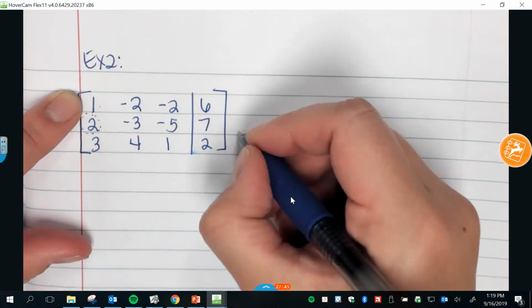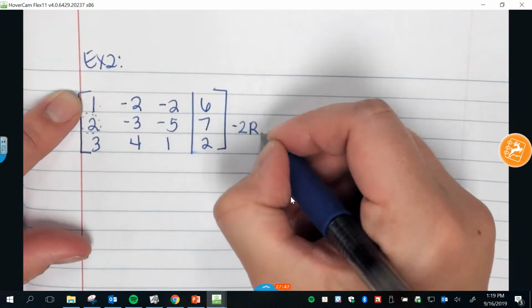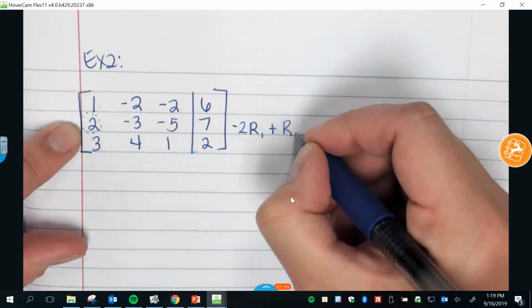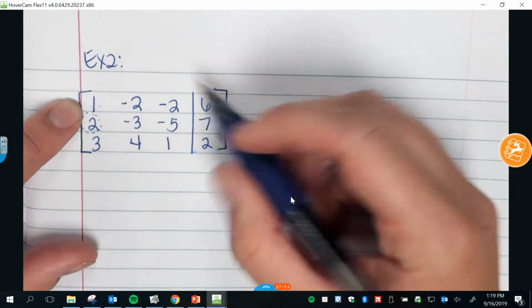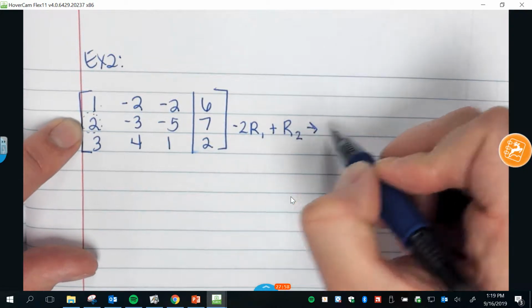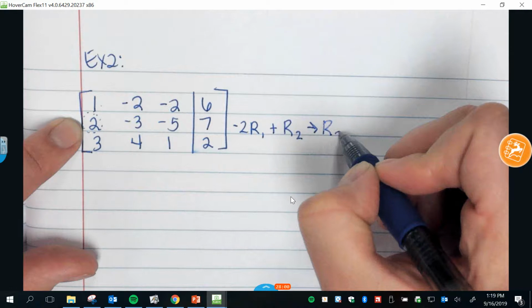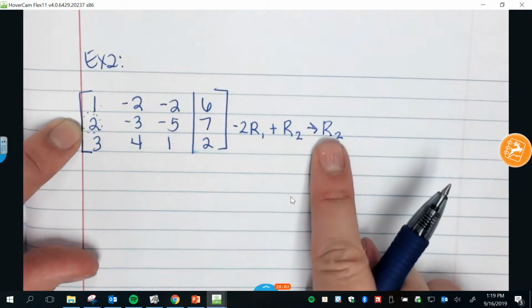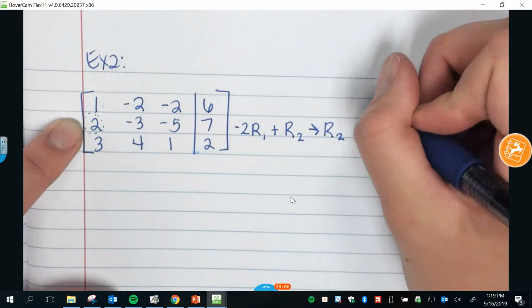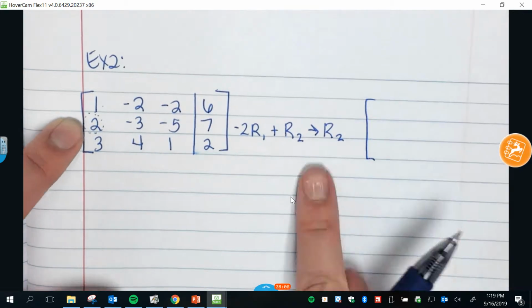So the row command will be -2 row 1 plus which row? I'm multiplying row 1 by -2. I'm going to add that to row 2. Replace row 2. I'm always replacing the row I'm writing on, the row with the circle.